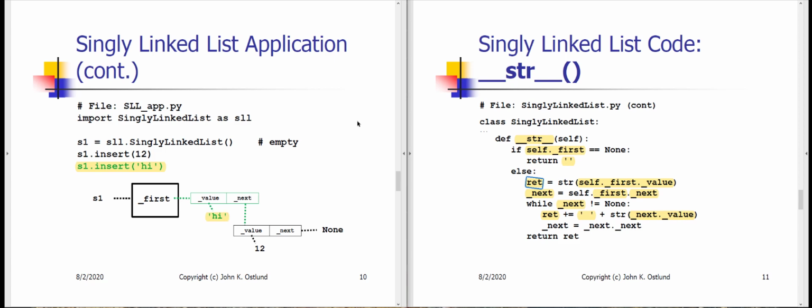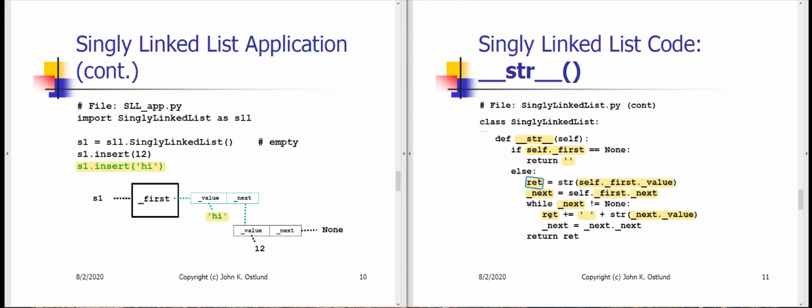Well, converting a string to a string doesn't do anything, so ret is now equal to the string "hi". Next is going to be set to first._next, which is this node, and that value is not None. That value is a reference to a node. So we are not at the end of our list yet.